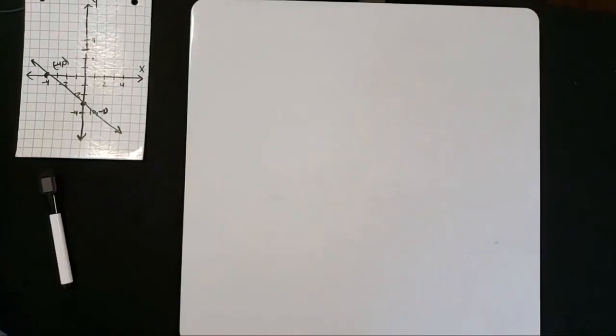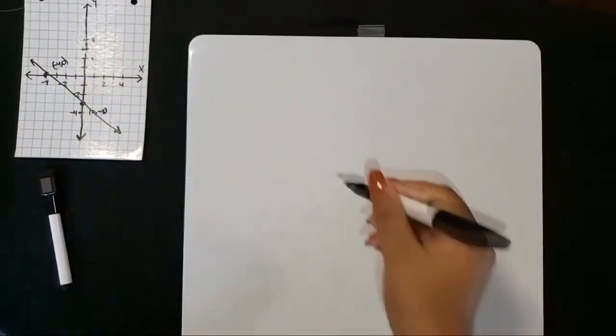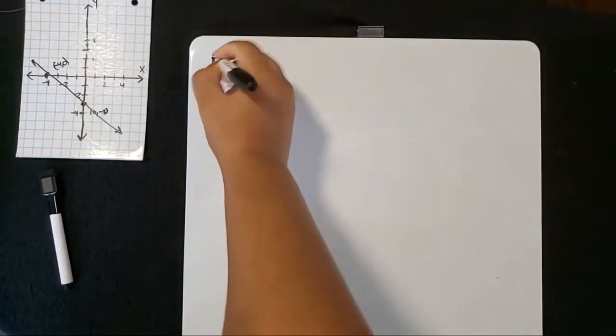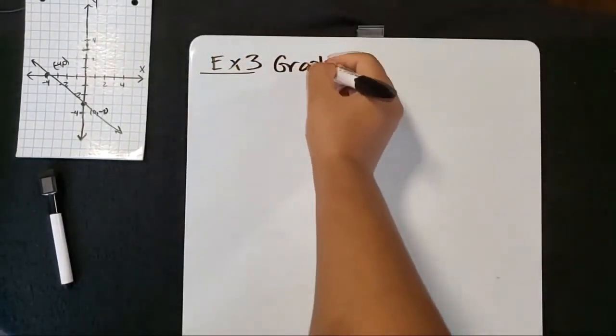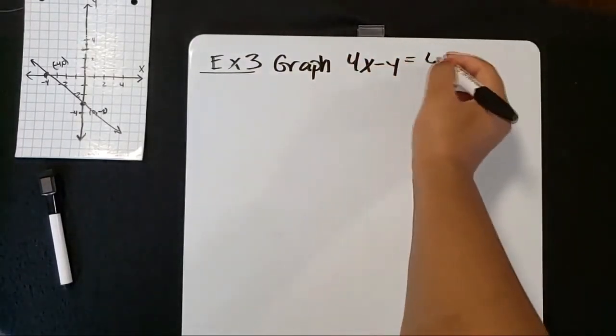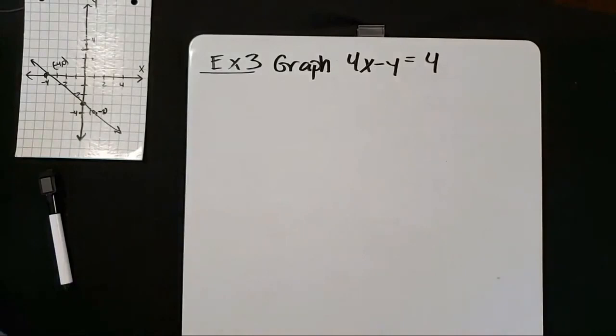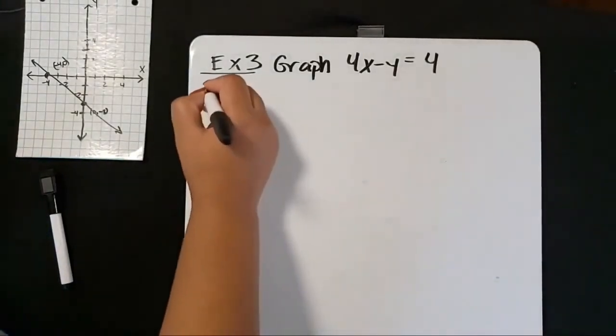All right. For this one, we're going to graph. This is example 3. We're going to graph 4x minus y equals 4 using the x and the y intercept.